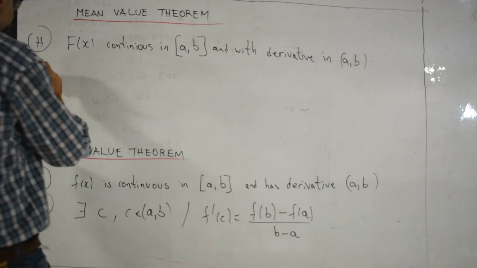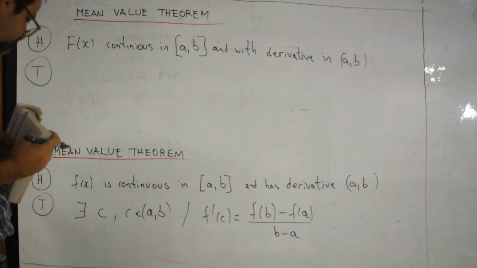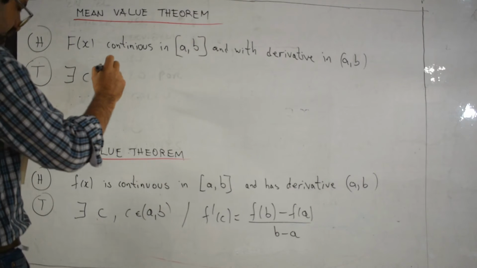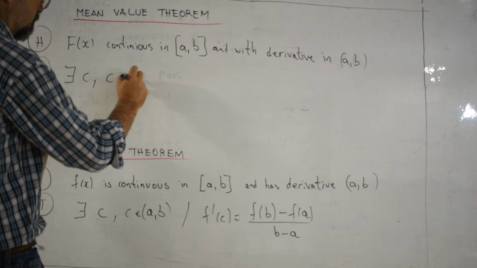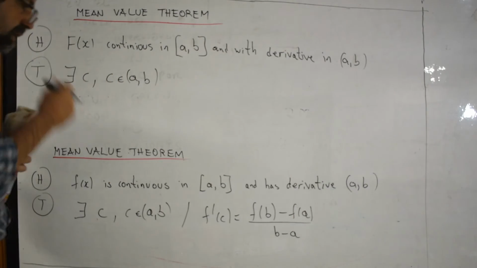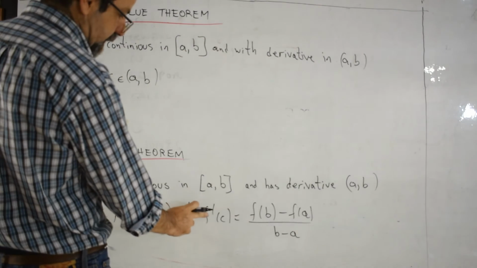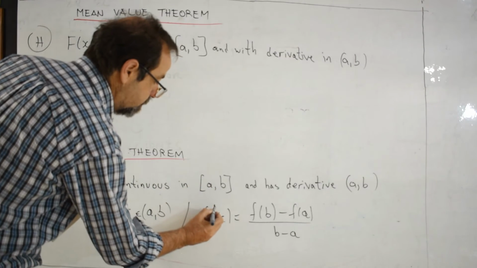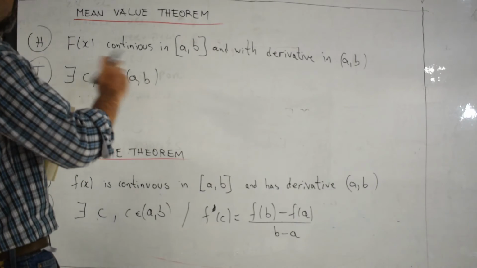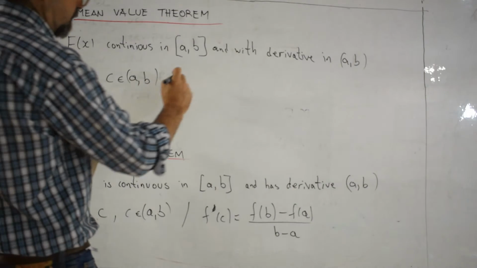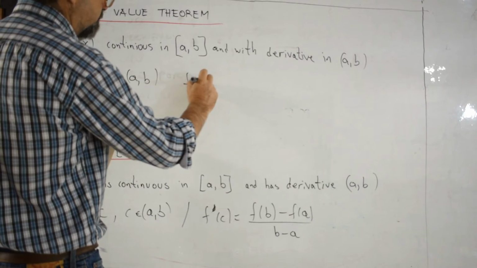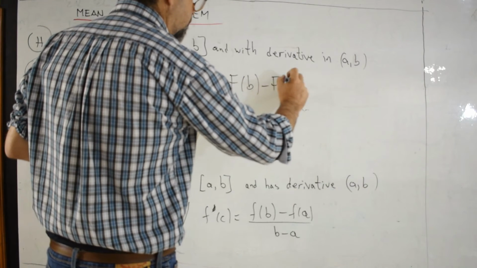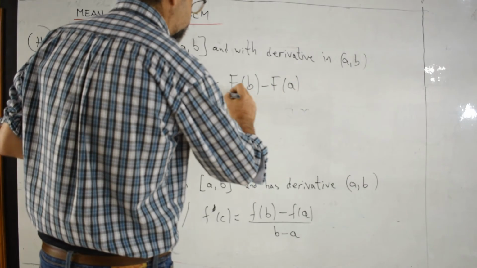So the thesis is that we can find a c that belongs to the open interval (a, b) such that F prime, the derivative of F, which is the f of x we have written already, f of c, equals F of b minus F of a divided by b minus a.